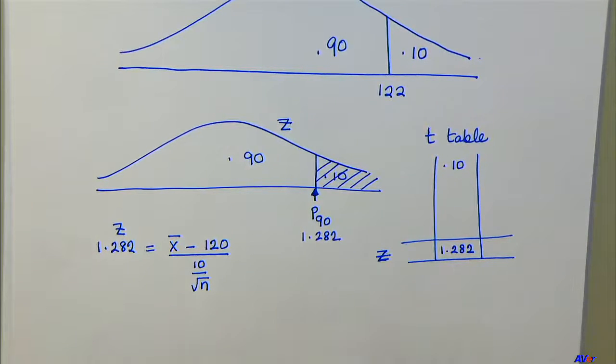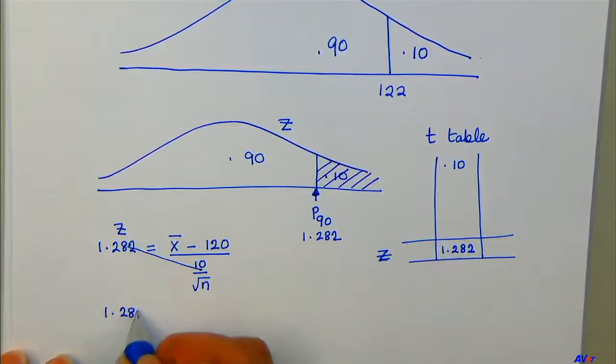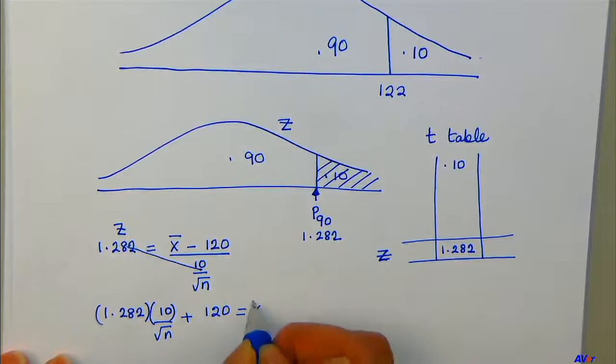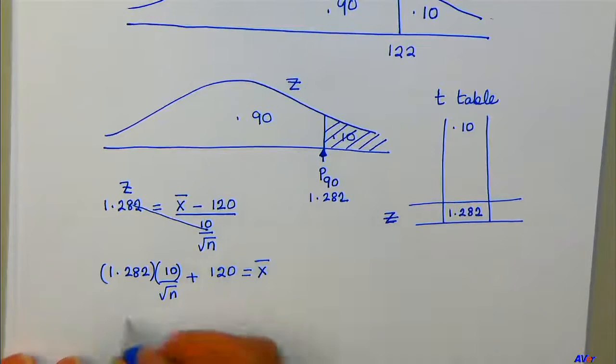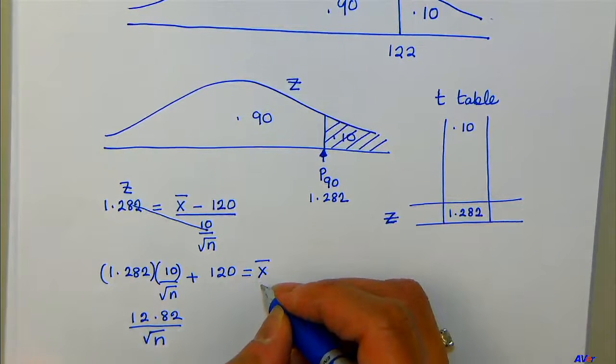Now cross multiply. So 1.282 times 10 over rad n plus 120 equals X bar. So 12.82 over rad n. And X bar, don't we have a number for that? 122, right?